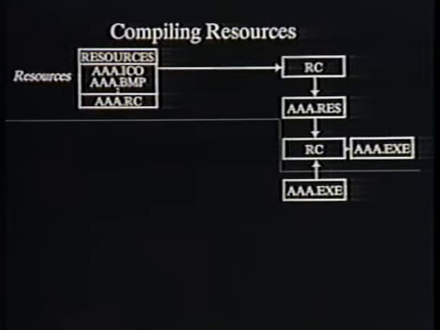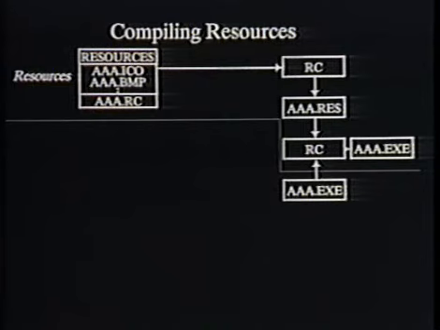So the resource compiler takes the resource script file and produces a binary form of that, which we call the res file, or resource file. Then we take that resource file in binary form and use it as input to the RC compiler again.